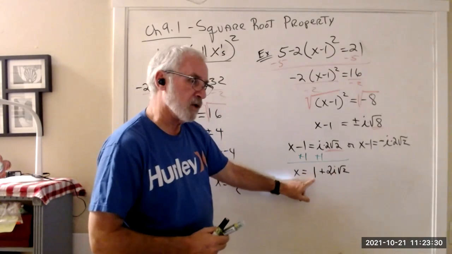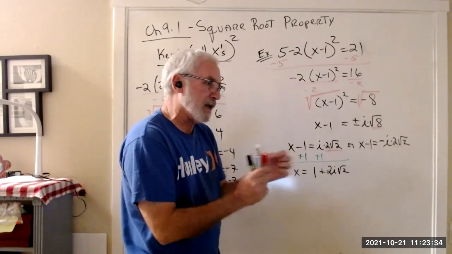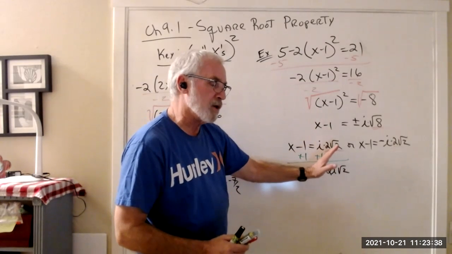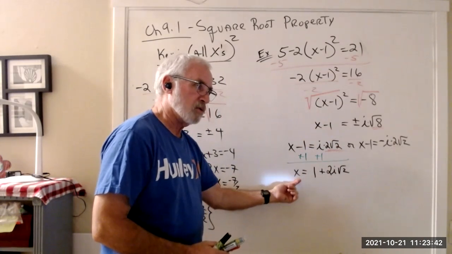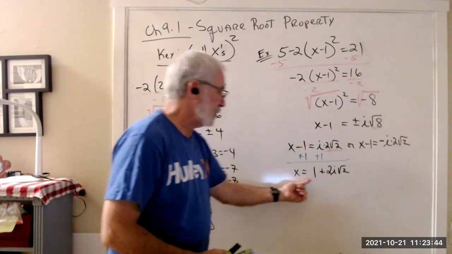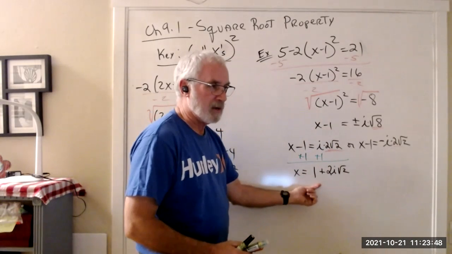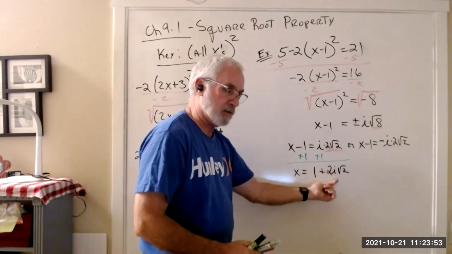That's a real number. That's an imaginary number. You can't add them together. You had to add 1 to both sides because you need to get x alone. But you have to say, I can't go any further. That's my answer, because I know I can't add real numbers with imaginary numbers.